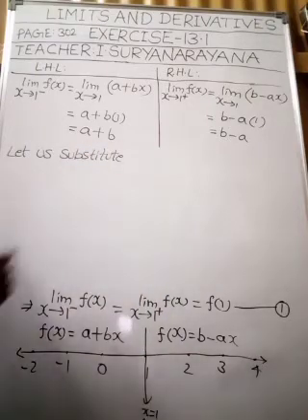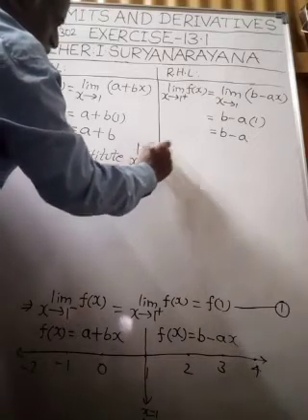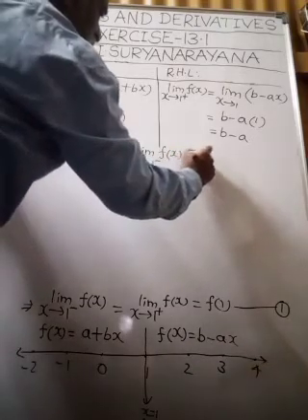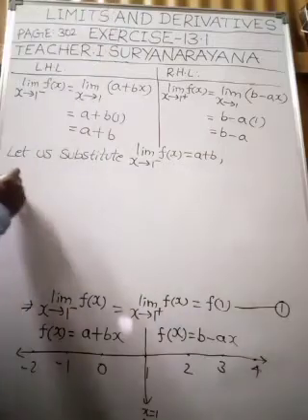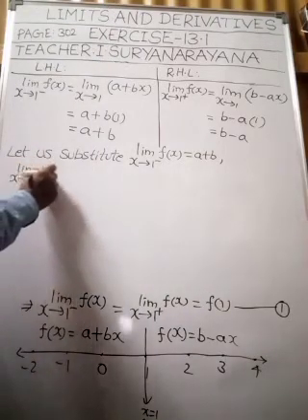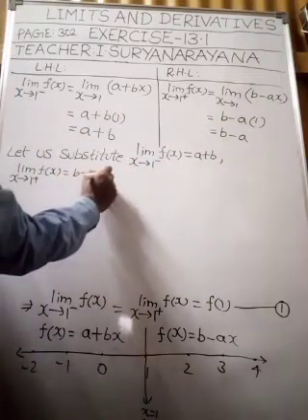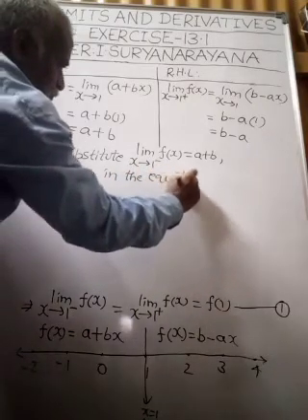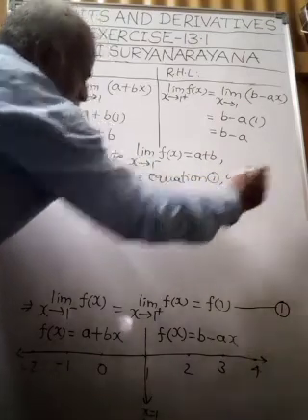Let us substitute as x tends to 1 minus limit of f of x is equal to a plus b, and as x tends to 1 plus limit of f of x is equal to b minus a, in equation 1.